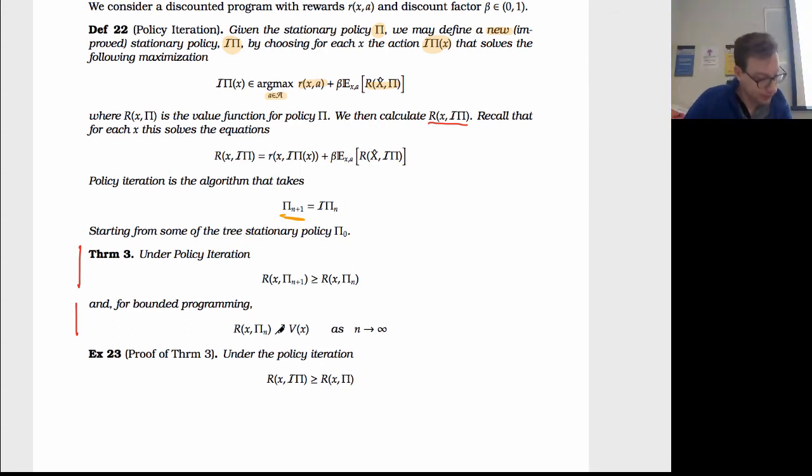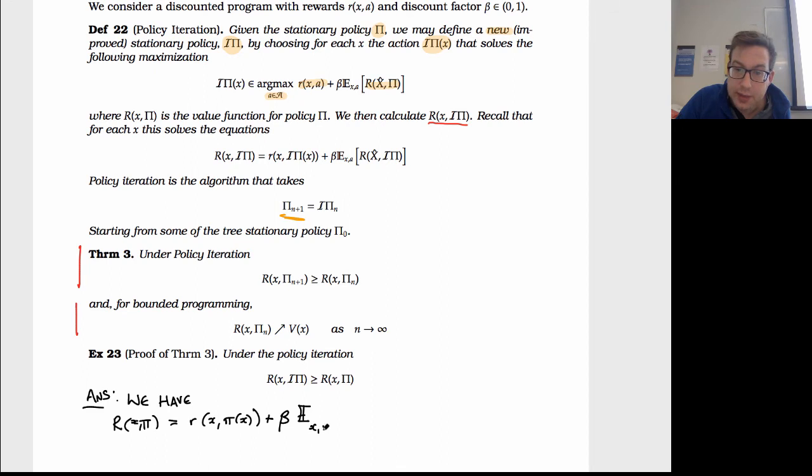So we have the reward function for policy pi is equal to the instantaneous reward of that policy plus beta, the expectation over x of pi of x, of R x hat of pi.